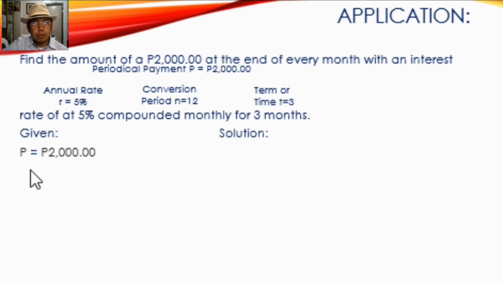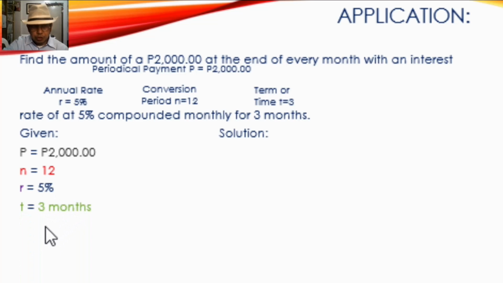Identify the given. Our periodic payment is 2,000 pesos. The n is 12. The rate here is the annual rate.